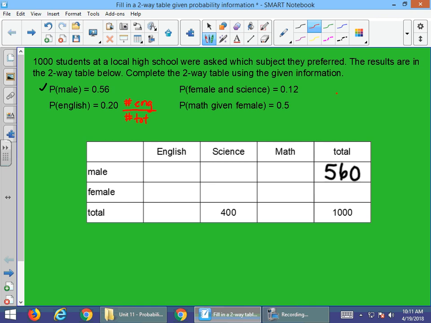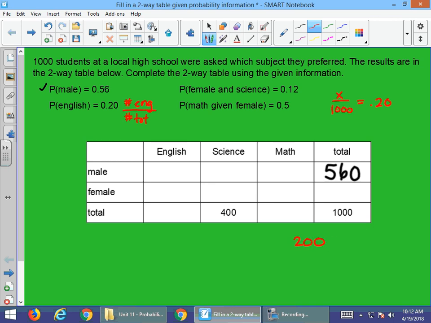I'll call that X, divided by the total number of people, that's still 1,000. This equals 0.20. Multiply both sides by 1,000, and I find X to be 200. So 200 is the number of people that take English.